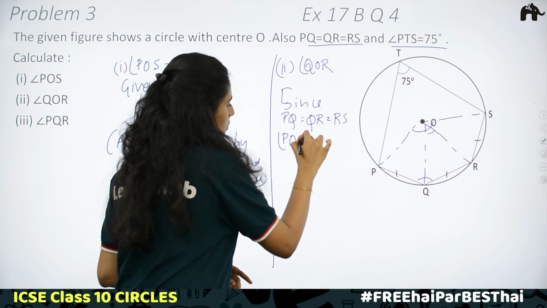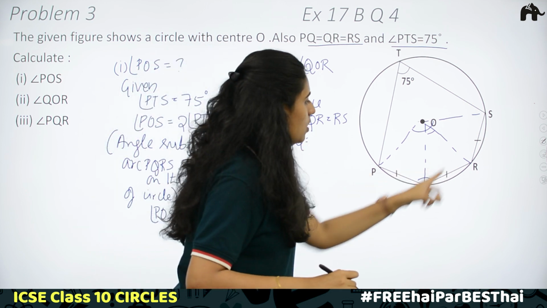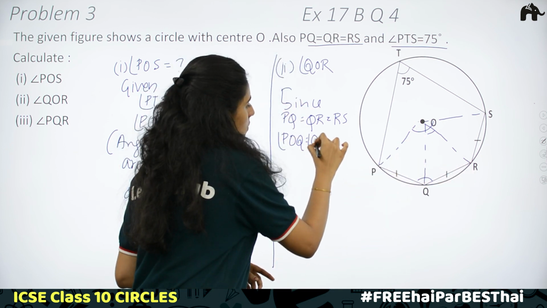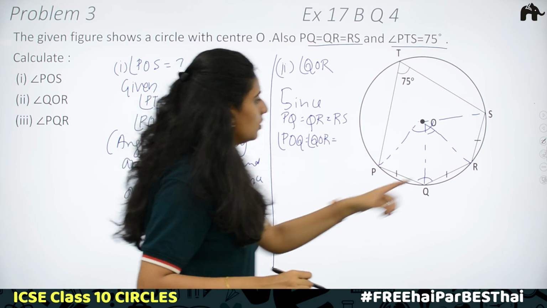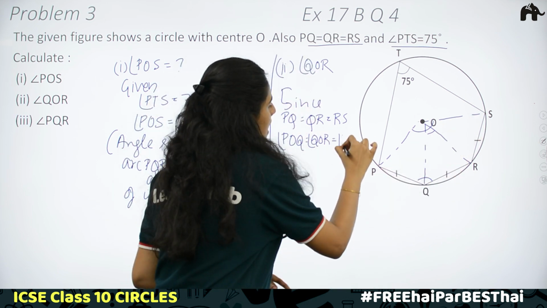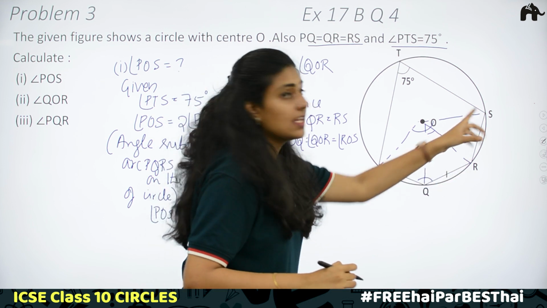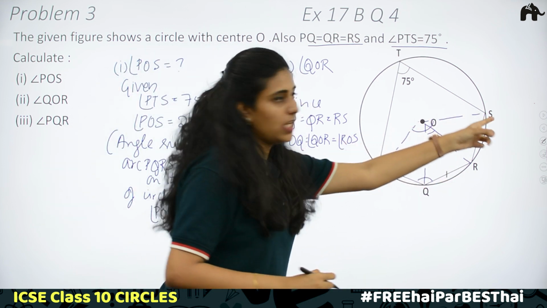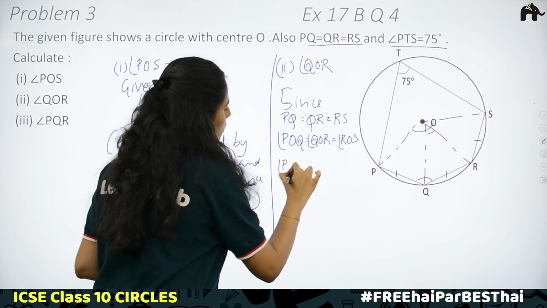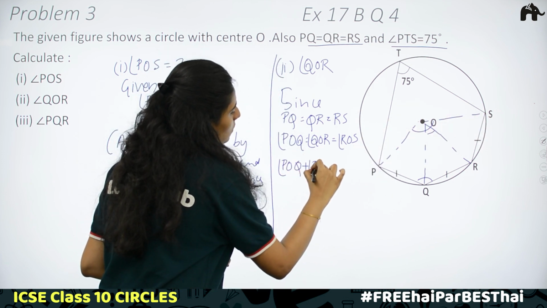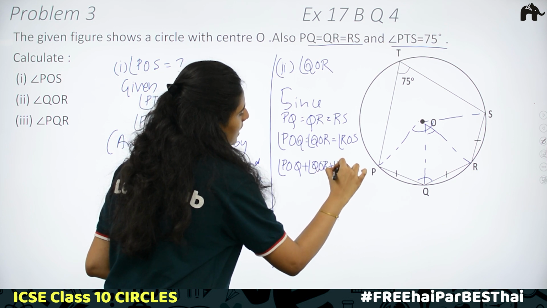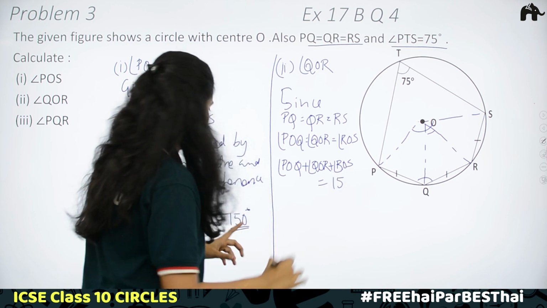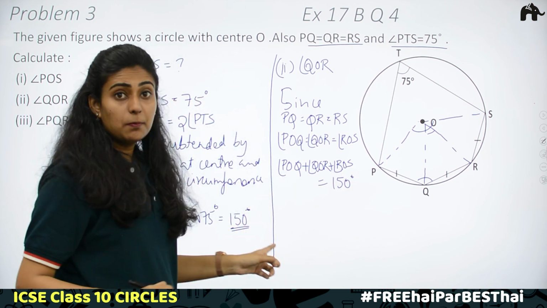QR subtends angle QOR at the center, that is equal to ROS. ROS is the angle subtended by RS at the center. So, the sum of these three angles gives us POS. Yes, angle POQ plus angle QOR plus angle ROS is equal to 150 degrees. That is angle POS.